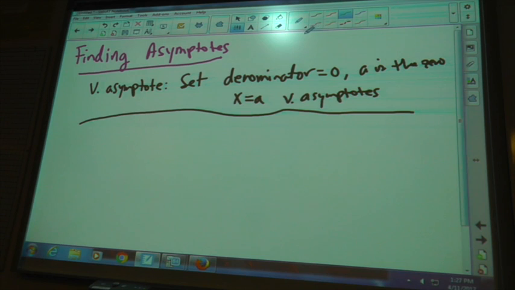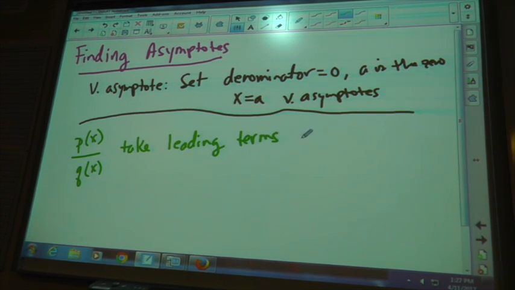Horizontal asymptote. So take the leading terms only. Okay? And then you simplify. So basically what happens is, let's say this is degree n, and this is degree m.